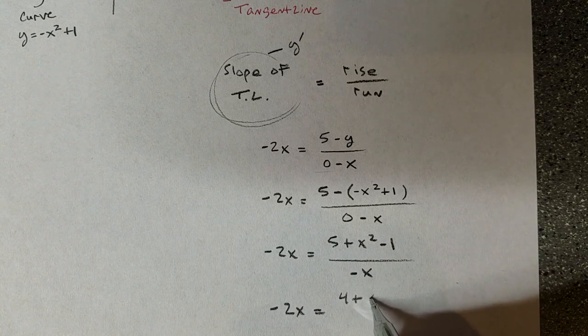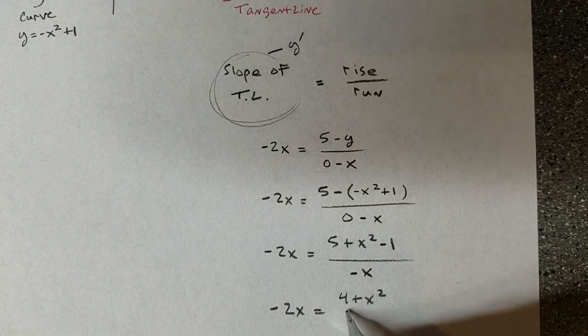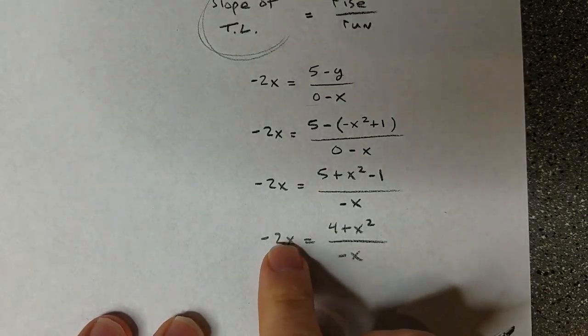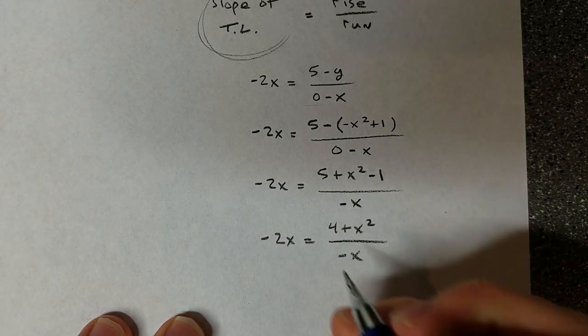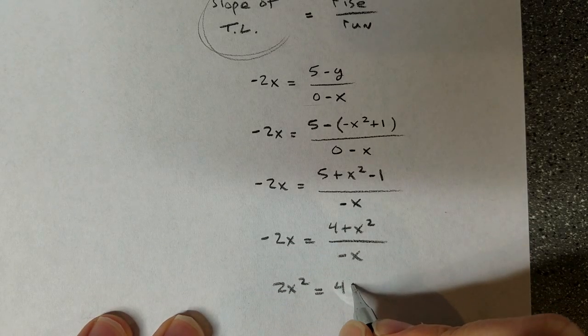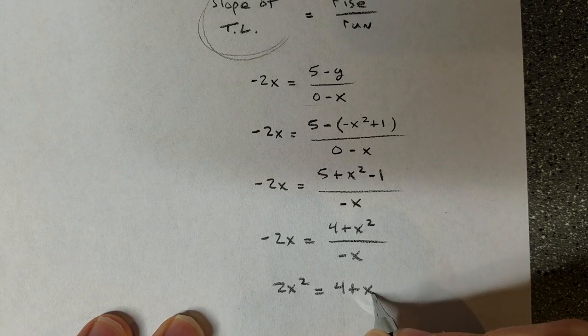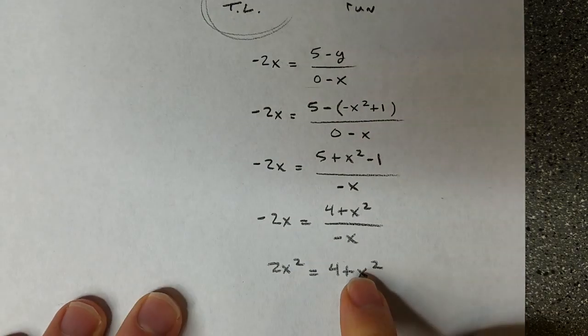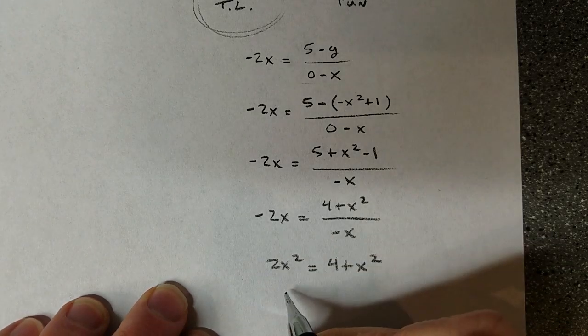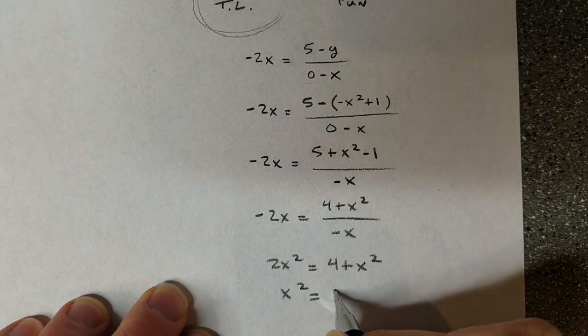That's 4 plus x squared. And then over negative x. Say we multiply both sides by negative x. Then I'll get 2x squared is equal to 4 plus x squared. And then if I subtract x squared, I'll get x squared is equal to 4.